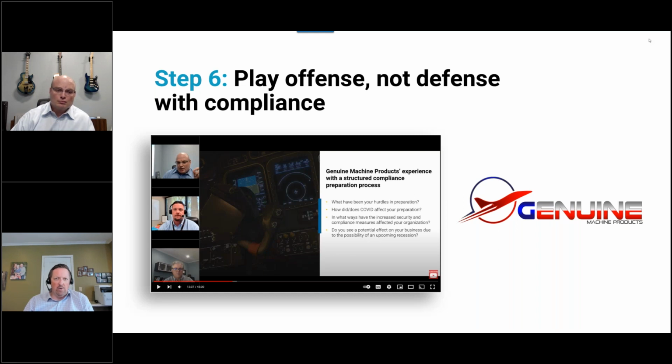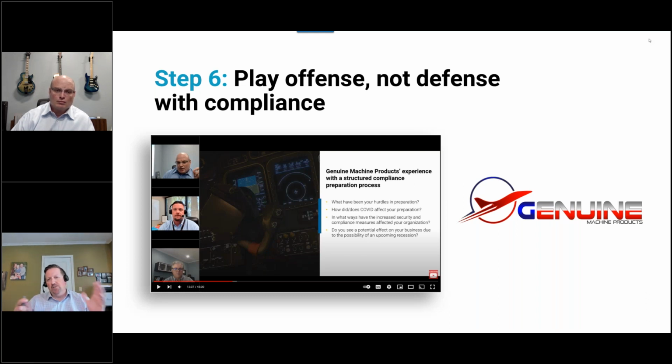They are winning more than their fair share of business from contracts now because the primes know they're ready to go. At this point, all 110 controls are implemented, and now they're in a mode of maintaining their infrastructure and their policies and procedures at an extremely high level.